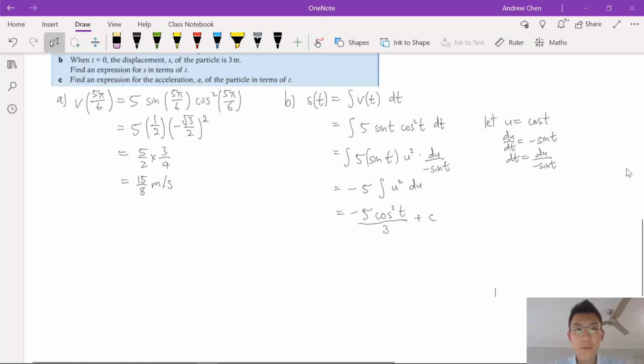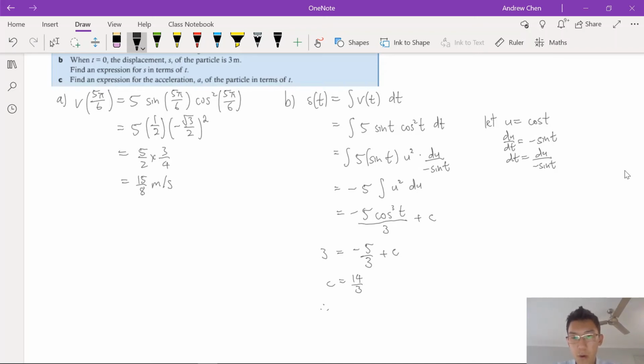Now, I need to find out what c is, because I've been told when t equals 0, the displacement is 3. So 3 equals negative 5 times cos cubed of 0. Cos 0 is 1, so this is just negative 5 times 1, which is negative 5, plus c. So that means c equals 3 plus 5 on 3, which is 14 on 3.